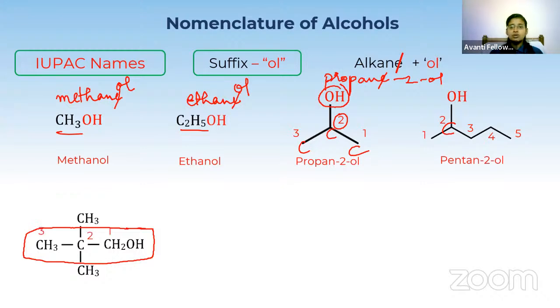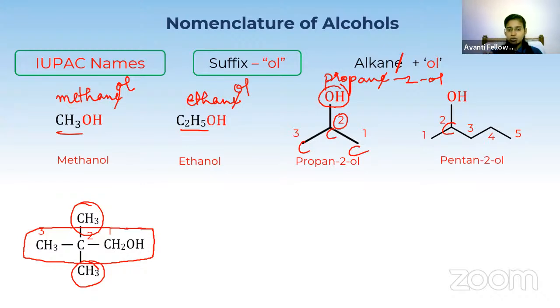Now what I have to do? Yeah, exactly correct, Bishan. Now we have to look for the substituents. So we have 2 substituents, both called methyl, and both are attached to the second carbon.